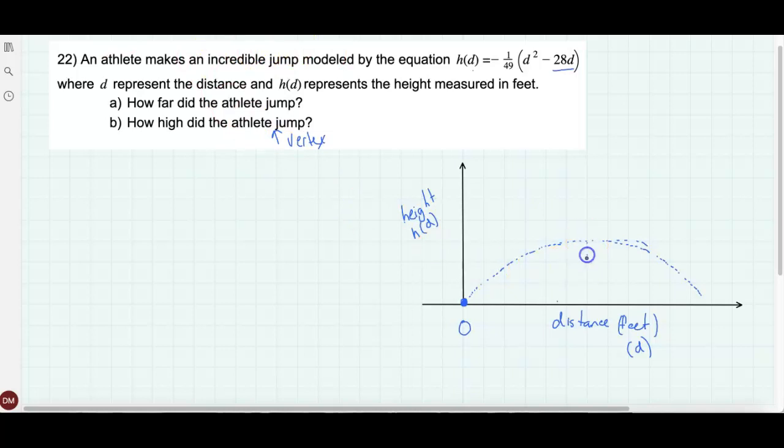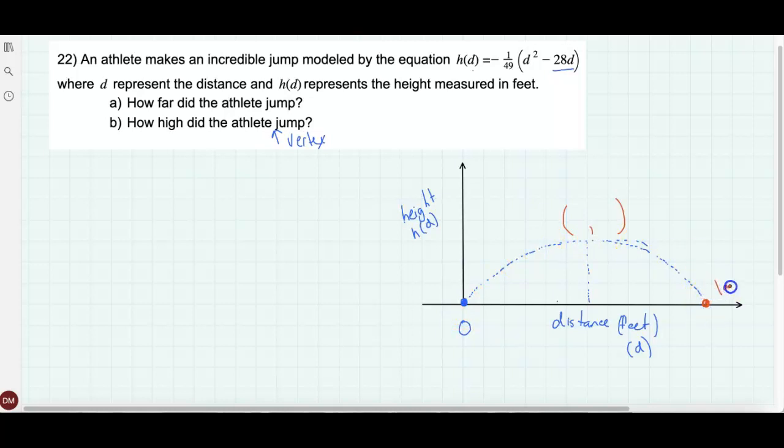And at some point here, we're going to have our vertex. Where is that? Well, we don't know yet. But what do we know? We know that we start at a 0 height before we jump, and then somewhere we land. This is our landing here.